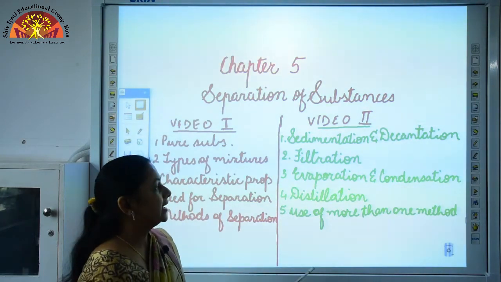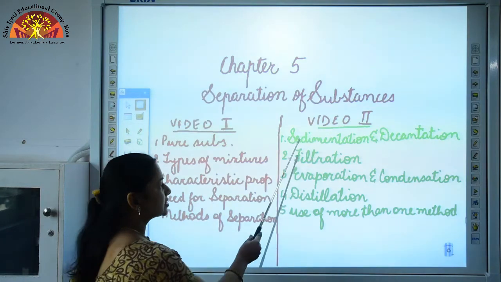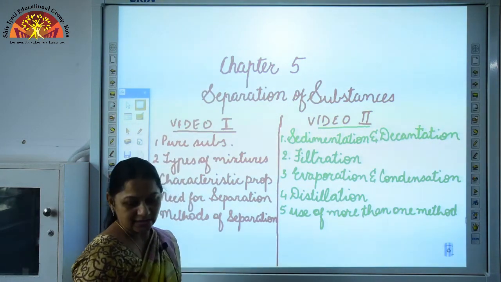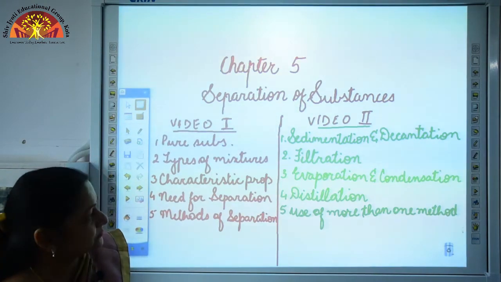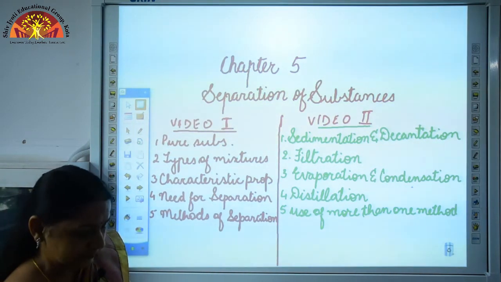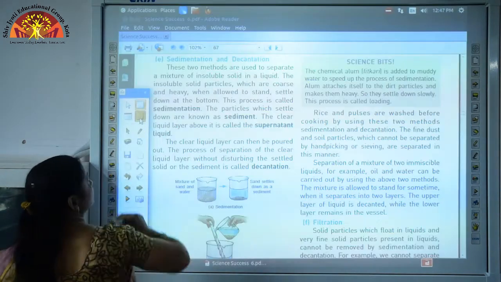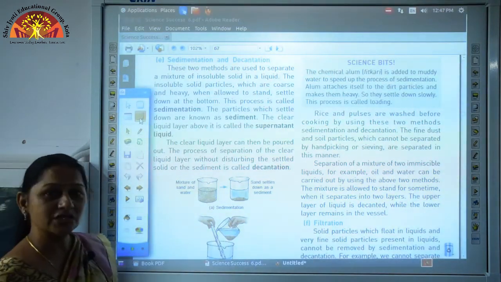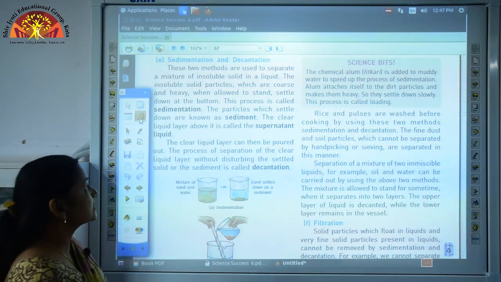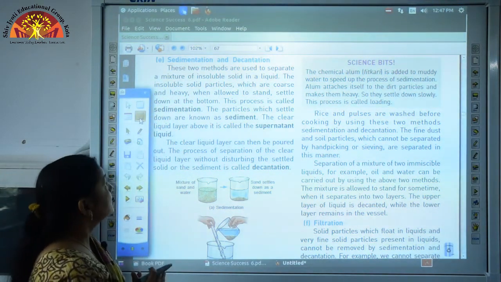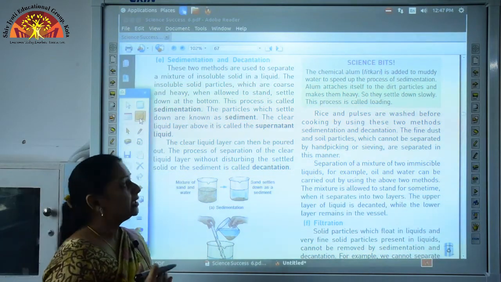So students, let us start with the first topic, that is sedimentation and decantation. Now sedimentation is a process which is used to separate insoluble solid from a liquid.